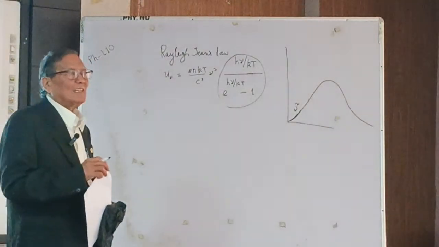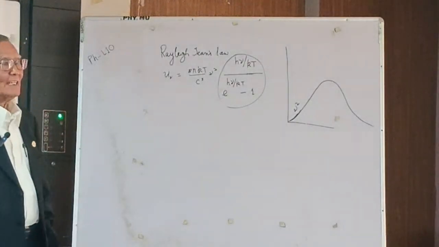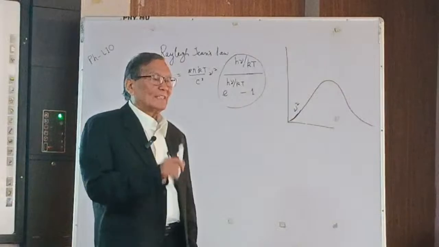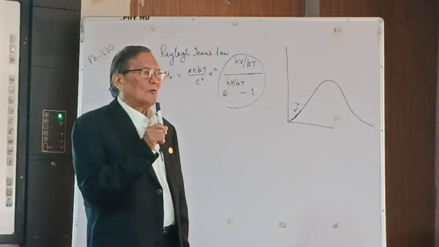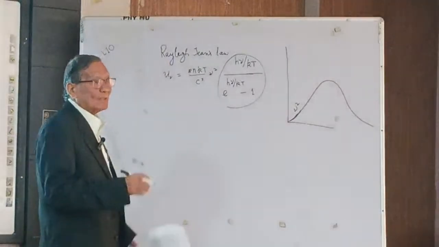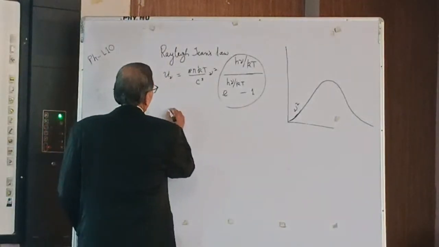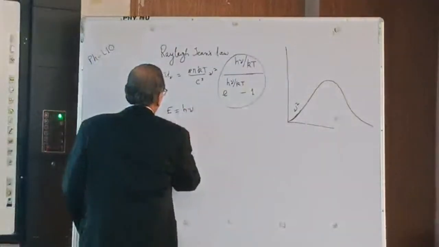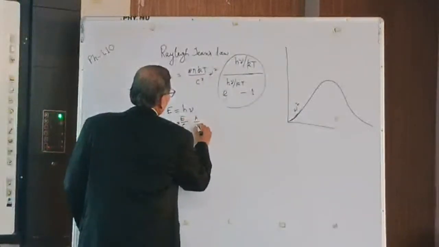Then in 1905, Einstein extended Planck's idea by saying that not only the exchange, but radiation itself consists of quanta of energy. Radiation of frequency nu consists of quanta. You can think of them as particles carrying energy h nu and a momentum E by c, that is h by lambda.